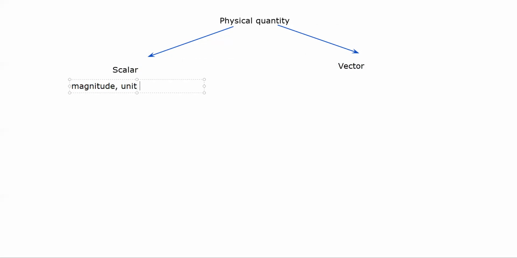Then a physical quantity, a measurable quantity, can be a scalar or it can be a vector. A scalar quantity has magnitude and unit, but no direction.